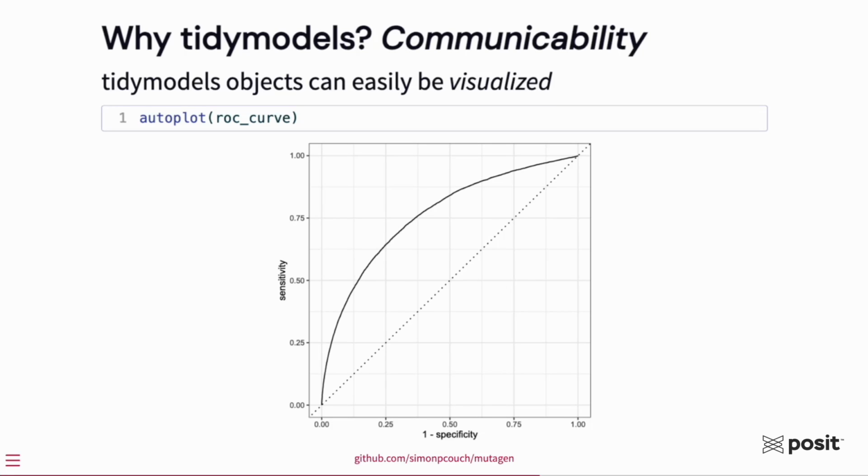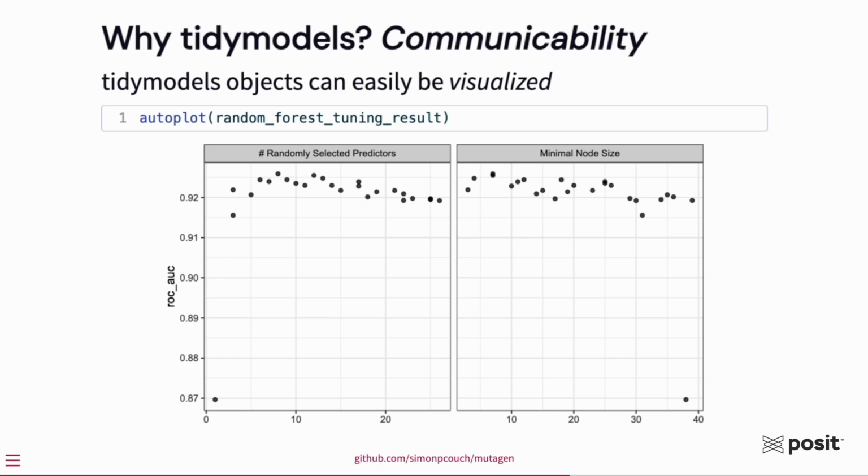So if I make a receiver operating curve with Tidy Models, which is a tool used to evaluate models, I can pass that object to autoplot and see what that curve looks like in 2D space. I can also pass, for example, the results of trying to tune a random forest algorithm. Again, I just pass that result to the autoplot function, and we have built-in visualization procedures for that model object.